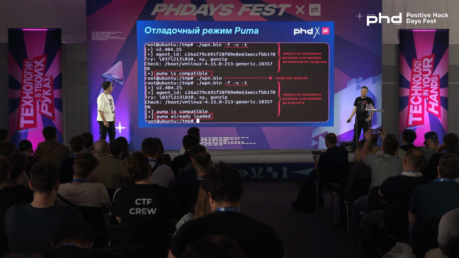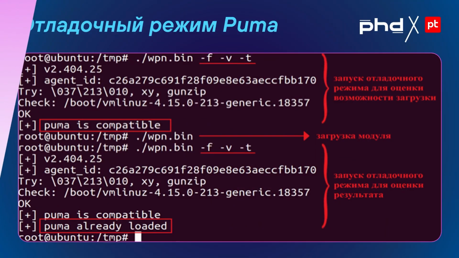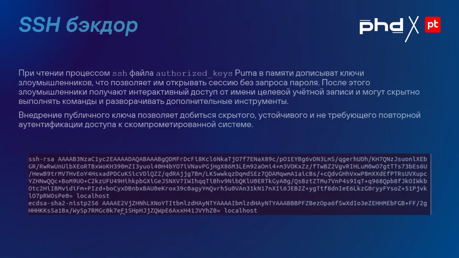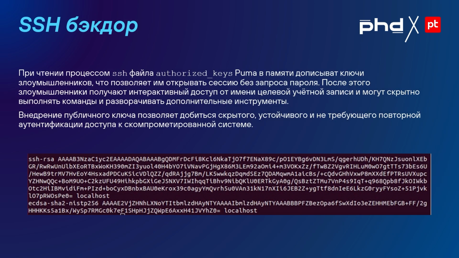First of all, they retrieve the debugger, they verify compatibility with the core, with the kernel, and then they launch the uploader, which installs Puma into the system, and then they retrieve the uploader in the mode of debugging, and they report that Puma is uploaded.